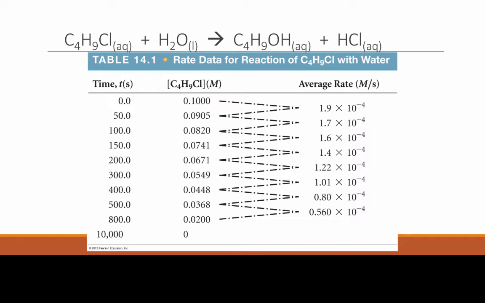Now let's take a different reaction and consider the rate data for this reaction over time. Notice that as time progresses and our concentration of reactant decreases, our rate changes. Our rate is not constant throughout the course of the reaction.